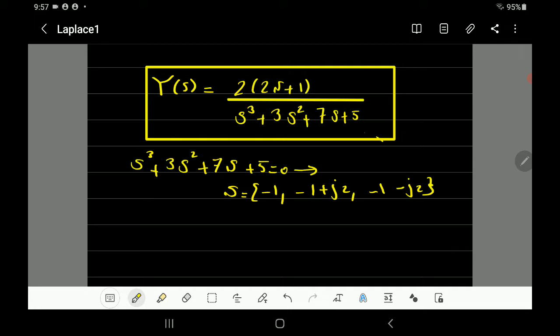As usual, the first step you've got to find the roots of the denominator D of s. Make D of s equal to 0 and find the roots of this equation. We'll find that we have three roots: one at minus 1, then minus 1 plus j2, and minus 1 minus j2.